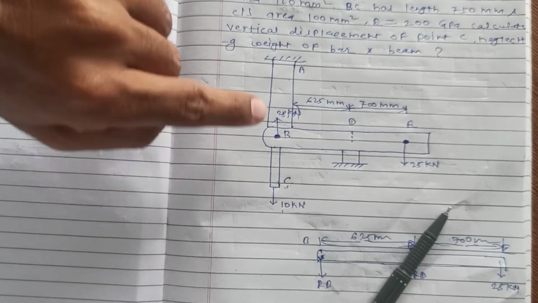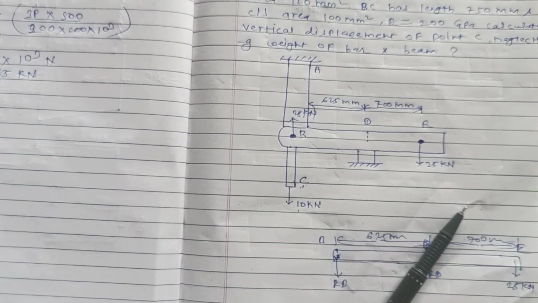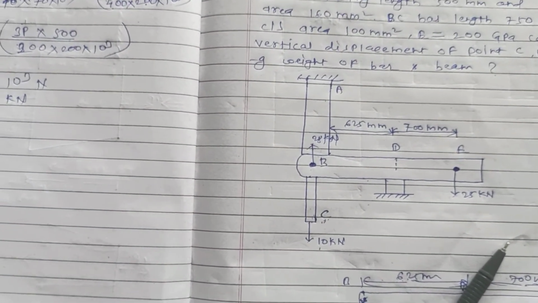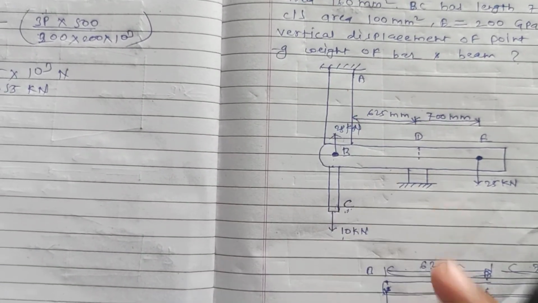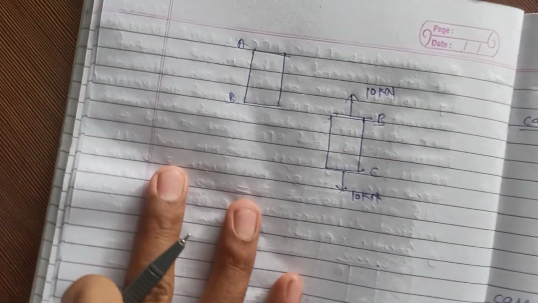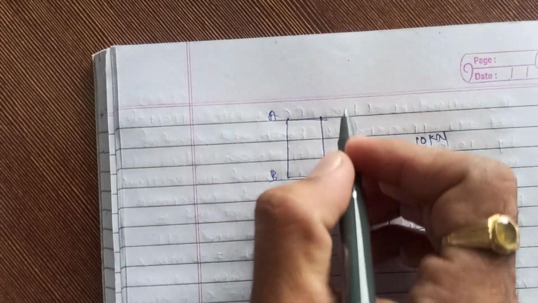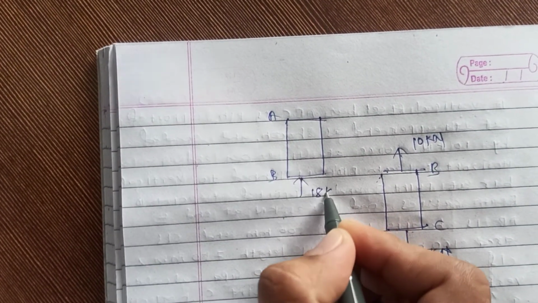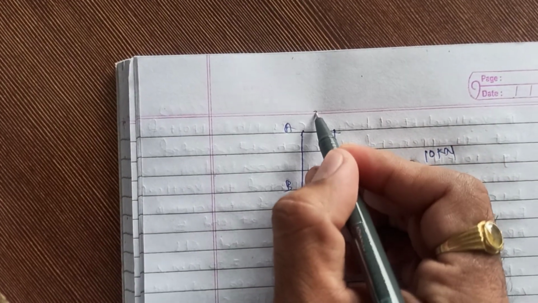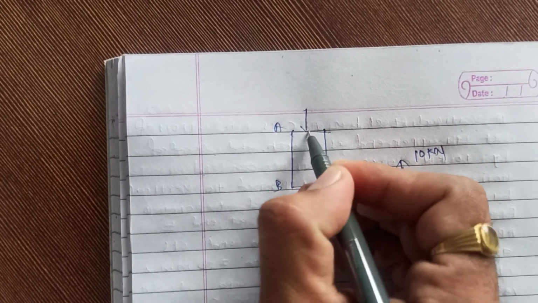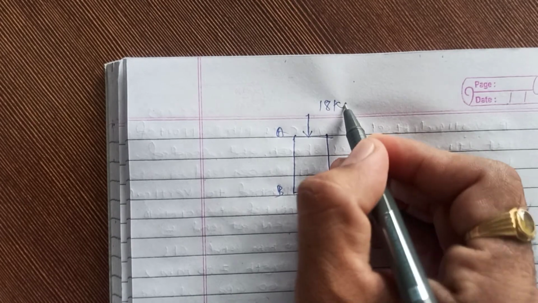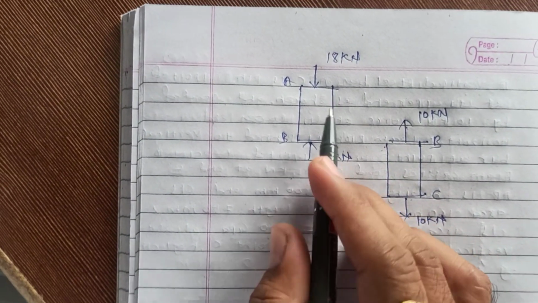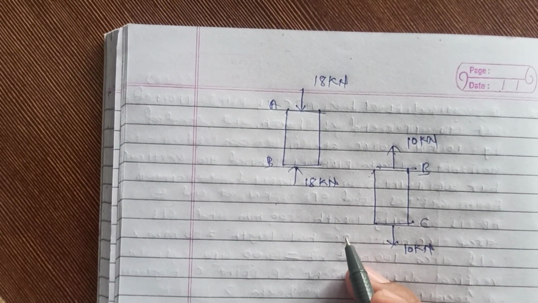So deduct 10 from 28, we get 18 kilonewton acting to the upside. To maintain this system in equilibrium, we have to apply an equal and opposite force, that is 18 kilonewton. Okay, we get the free body diagram.